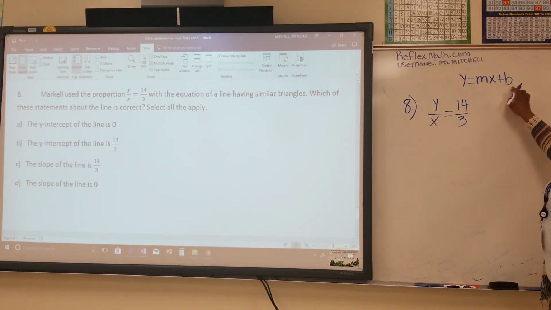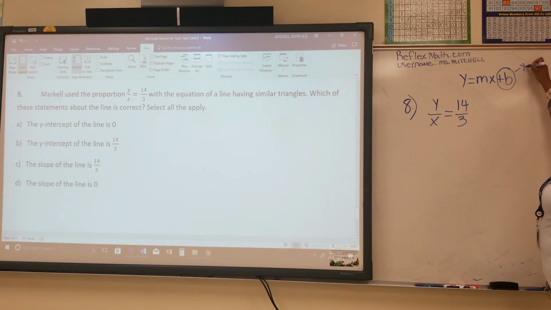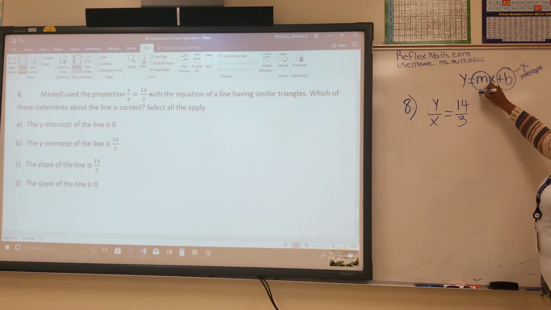And b means that this is our y-intercept. M is our slope, okay? So please remember that. Your b is your y-intercept. Your m is your slope, okay?